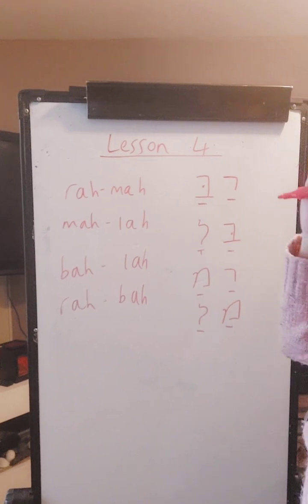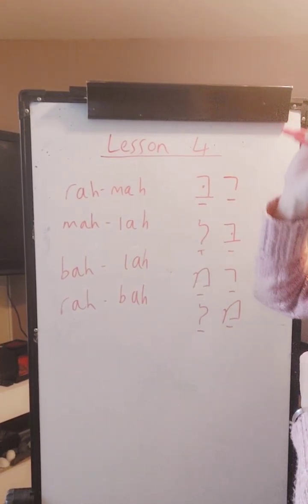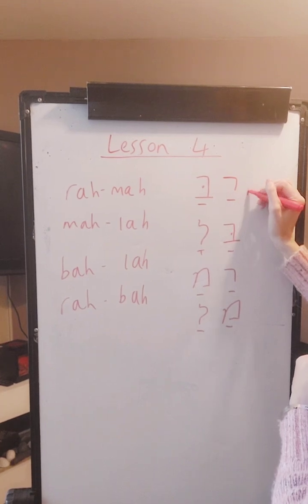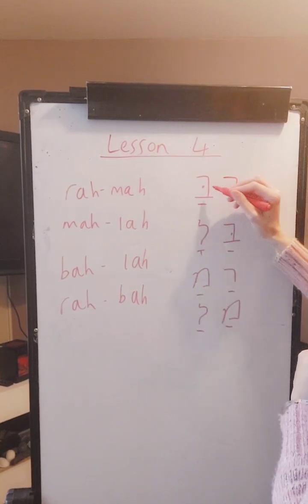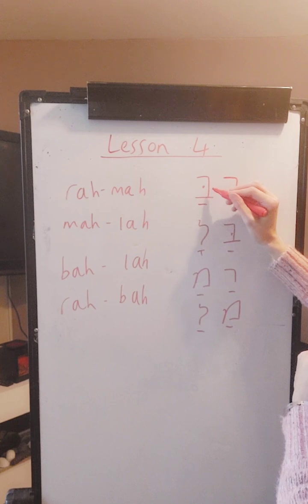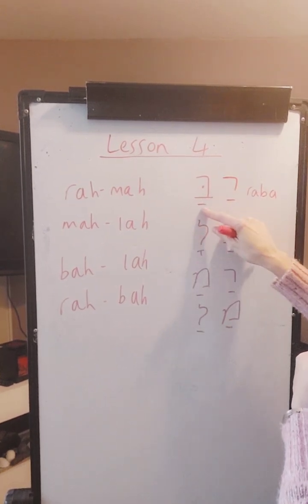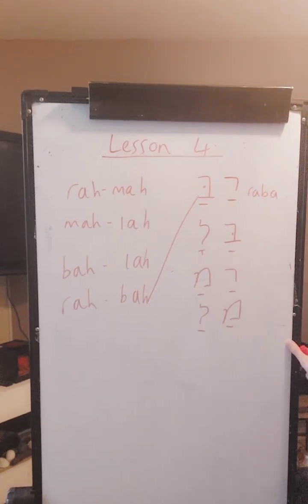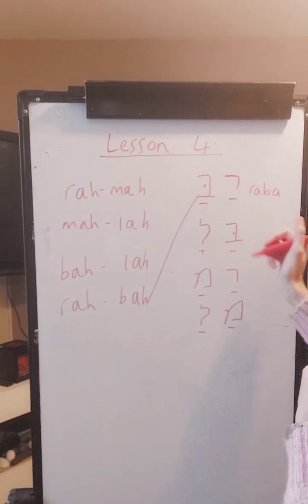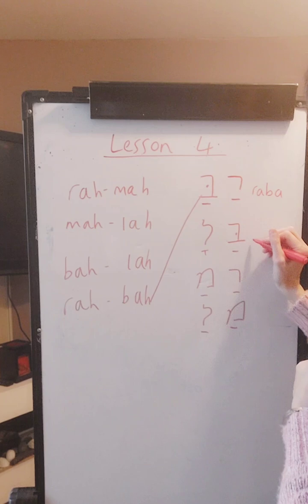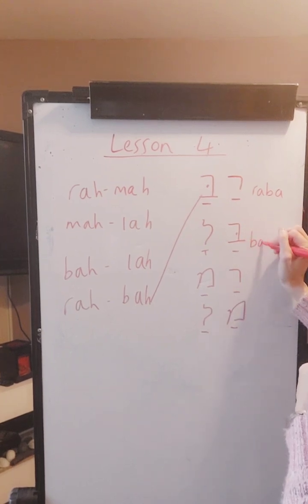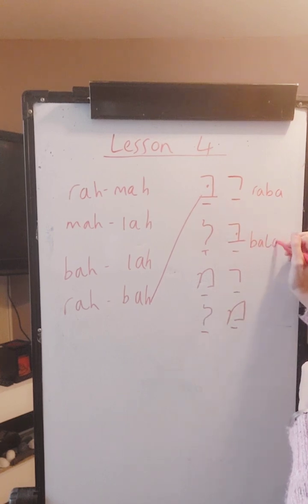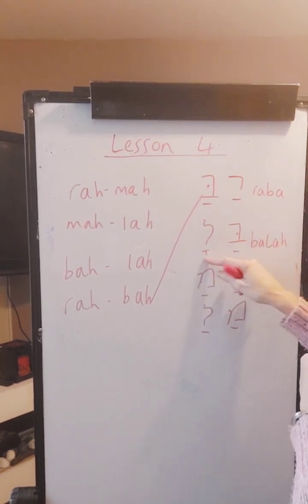Right, so we start with this one. So the first one is the Resh, R, the A vowel, Ra, that is the Bet, Ba, Raba. So that's the bottom one, so we match it. The next one is the Bet, so it's the B, A vowel, Ba, Lamed, L, the A vowel, Bala.